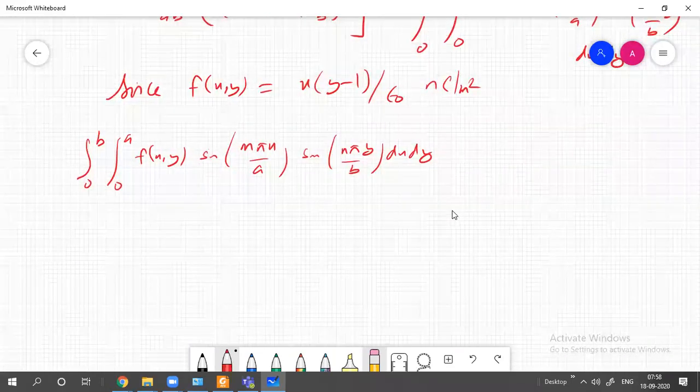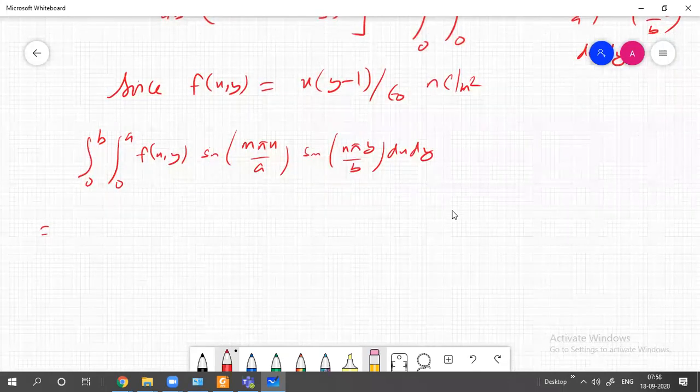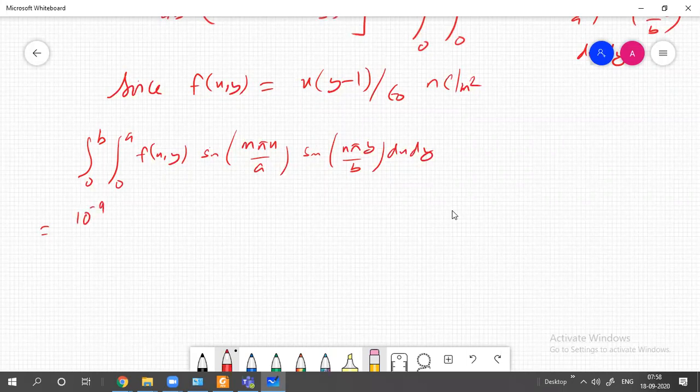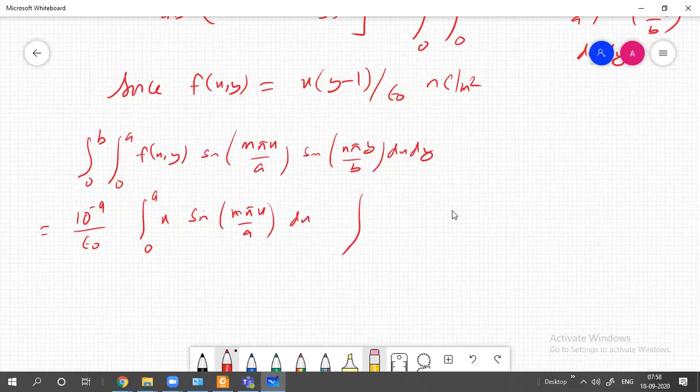After substituting f, it will be 10 to the power minus 9, since it is nano coulomb, we multiply 10 to the power 9 over epsilon naught. Then let us take the terms separately: x into sine of m pi x by A dx, and from 0 to B (y minus 1) sine of n pi y by B dy.